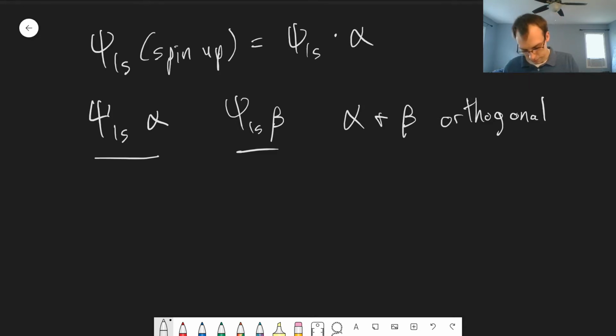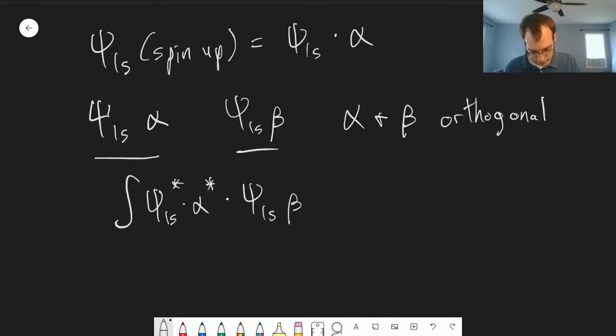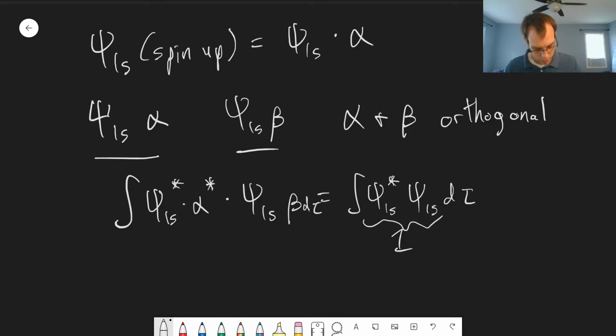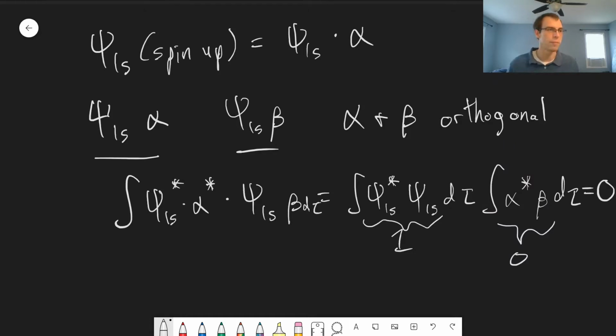So if we do this integral where we have psi 1s alpha star and psi 1s beta, we can separate this out over d tau into an integral over just the spatial parts. And this integral would give us 1, because we'll assume these are normalized. But our integral of alpha star beta, because they're orthogonal, will give us 0. And so overall, this integral is 0.